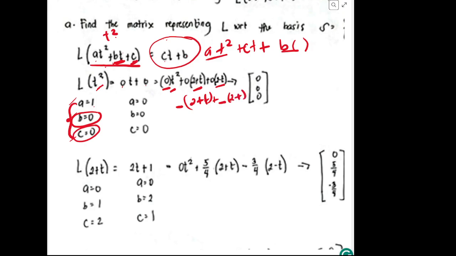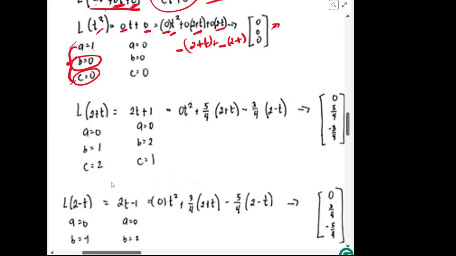Okay, kay di ba all 0 sila ni dire? Therefore, our first dire nga ma-form is 0, 0, 0. The first vector that we formed is 0, 0, 0.